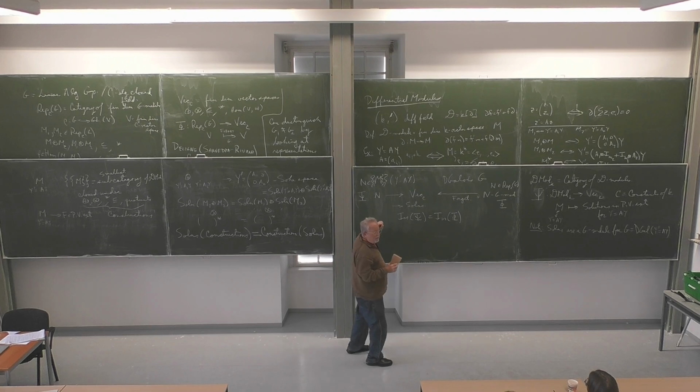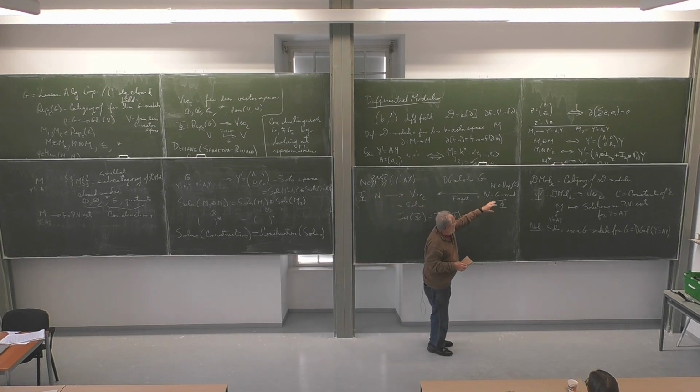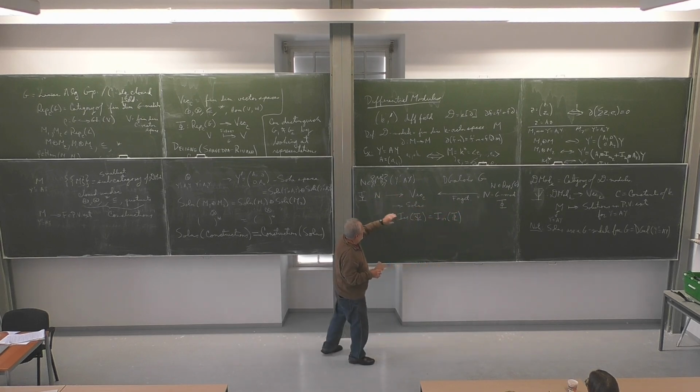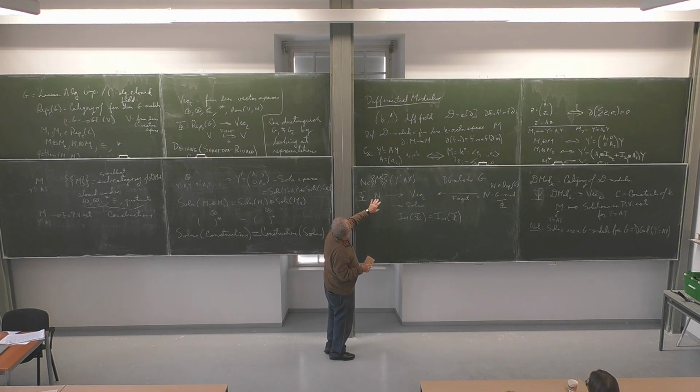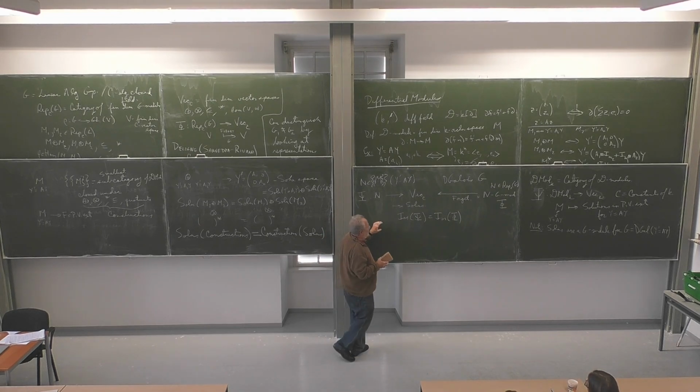And the way I get that representation is by taking my original operator, doing some construction, and looking at how its solution space behaves. In particular, I'm going to be interested in subspaces. And as we know from last time, you get subspaces by factoring.